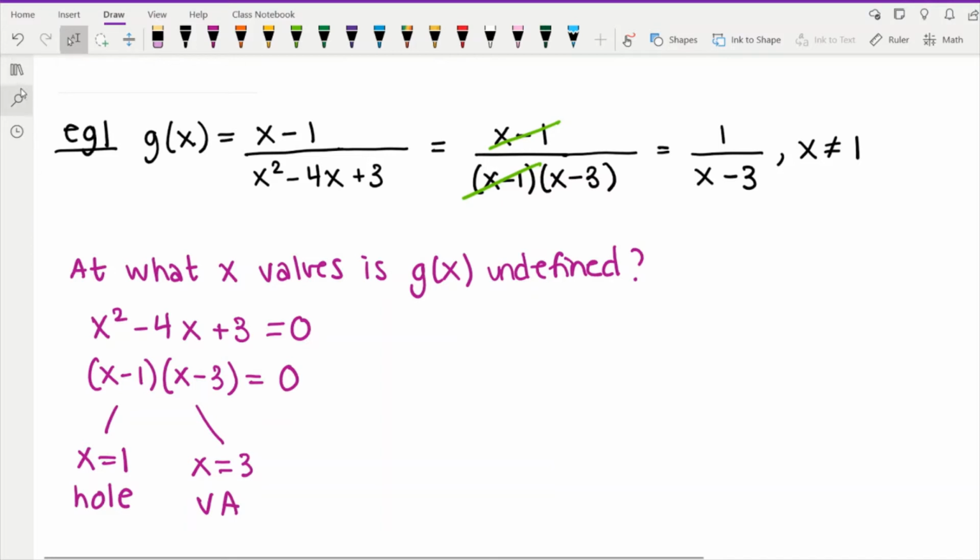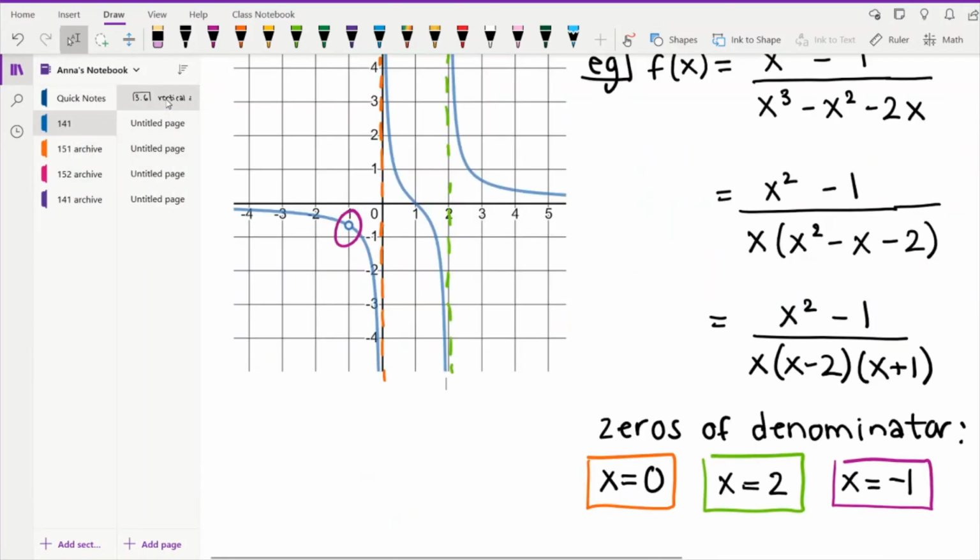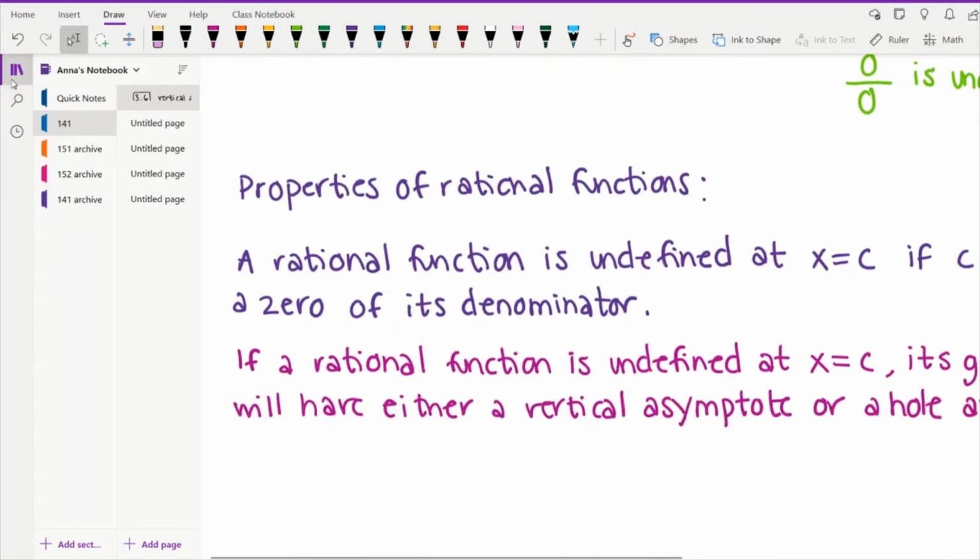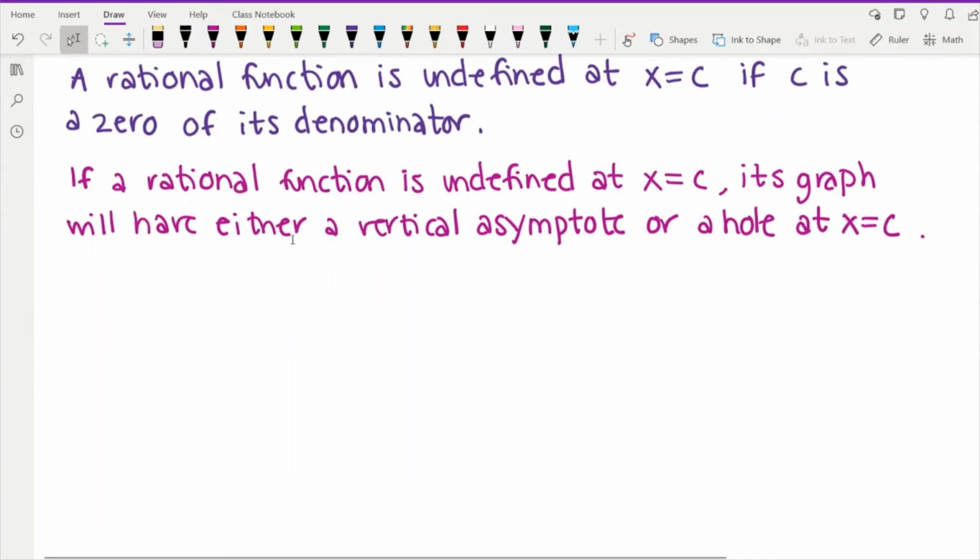Okay, so let's try to summarize what we just said on this initial page. So basically, going back to the beginning here, we were talking about x is equal to c, right? So we're saying that if the rational function is undefined at x is equal to c, it has either a vertical asymptote or a hole.